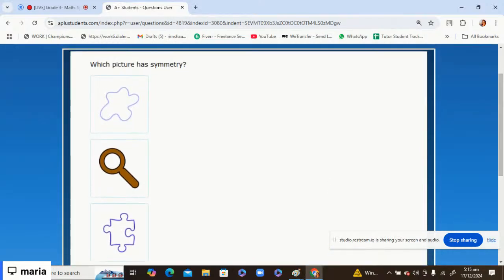Which picture has a symmetry? Now check it out and then tell me. Okay, tell me the answer of this one.